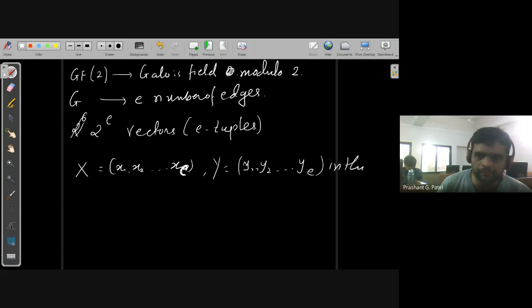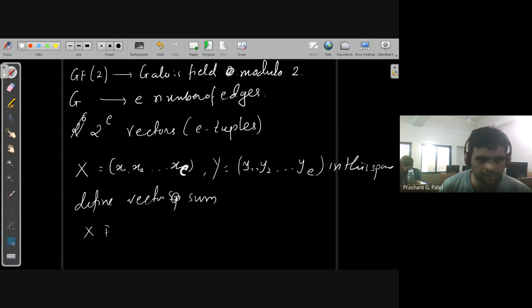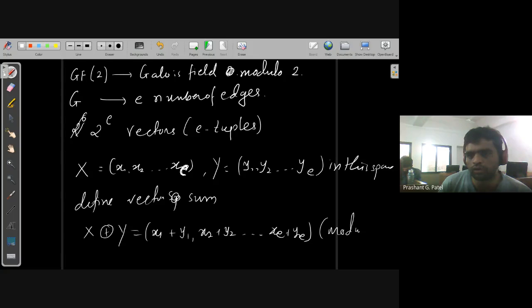In this space, consisting of this many vectors, we define a vector sum, that is x plus y, as x1 plus y1, x2 plus y2, up to xe plus ye, with the modulo 2 function.